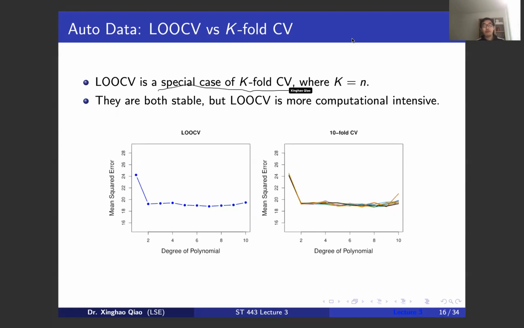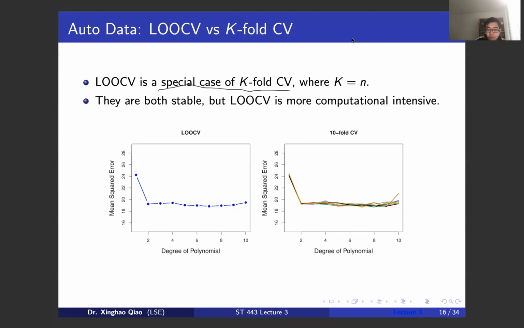For k-fold cross-validation, we randomly split the data into k different parts. If we randomly split the data into n different parts, then every time you treat just one observation as the testing data and the remaining n minus one observations as the training data.